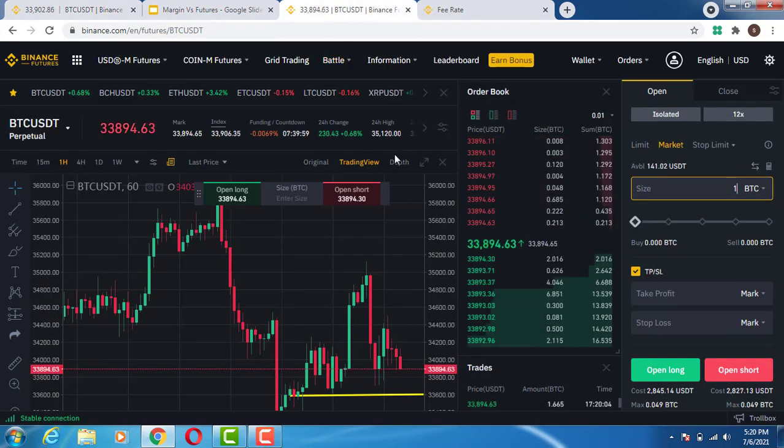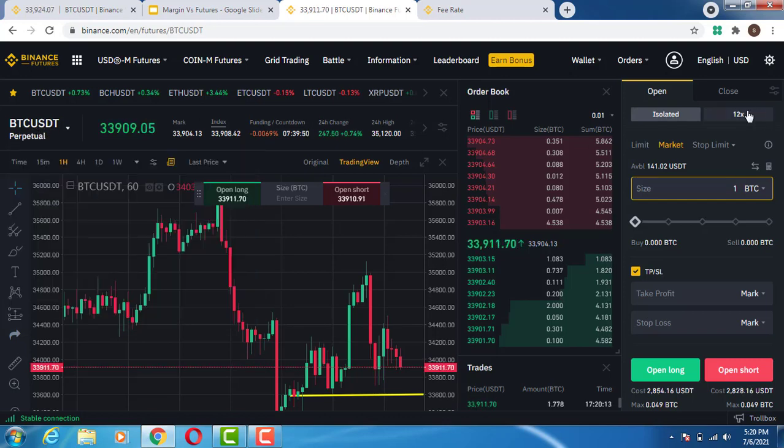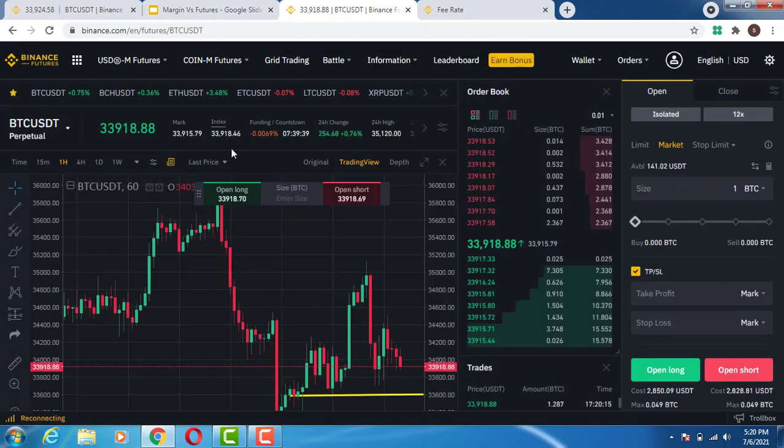On the Binance futures exchange or futures platform, you can use a whole lot of leverage. The same asset, BTC USDT here, you can use more than 100x. In this case, you can use up to 120x leverage when you are trading BTC USDT on the futures market.